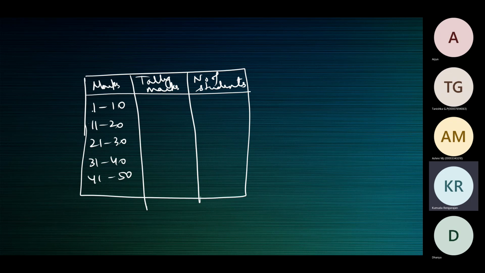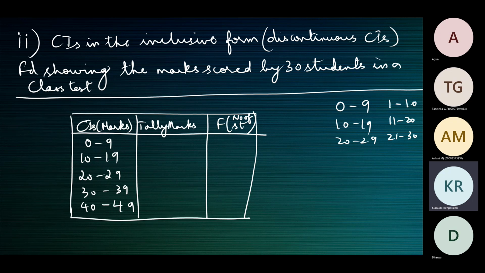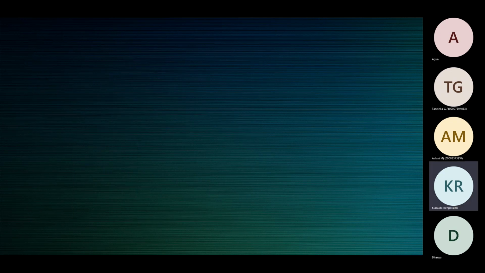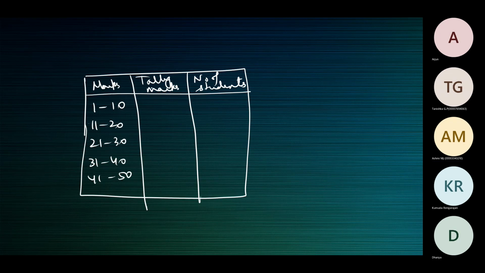Yeah, now tell me this one. You can do it by yourself, children. This one, 0 to 9, 10 to 19, you do by yourself. Now tell me the frequency if you take the class intervals like this.